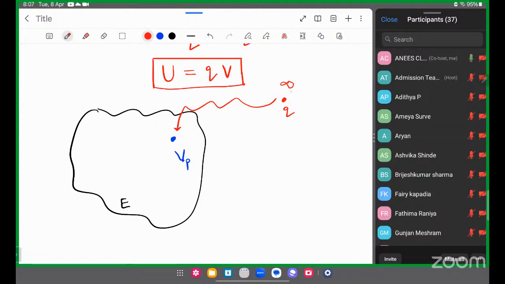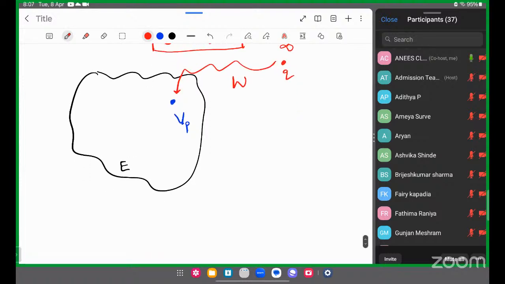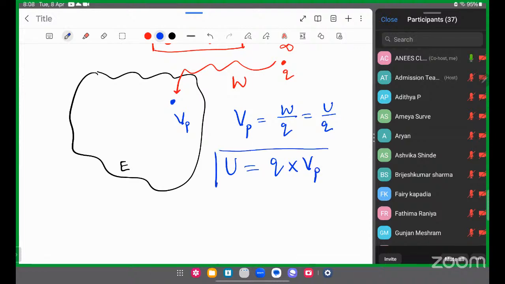To take it from infinity to point P, we have to do some work W, and this work done will be stored as the potential energy. So V at point P is given by W by Q, which is the same as U by Q. So U will be the magnitude of the charge which we are taking from infinity to point P, multiplied by the potential of the point P in the electric field.